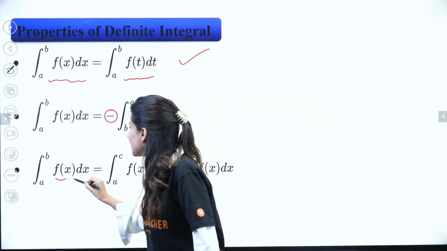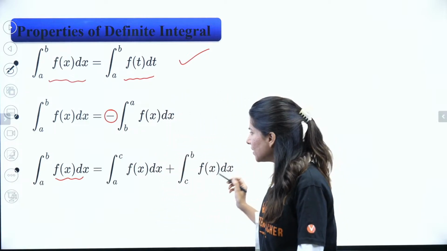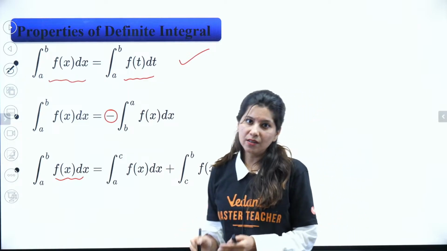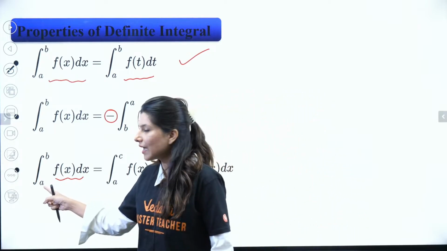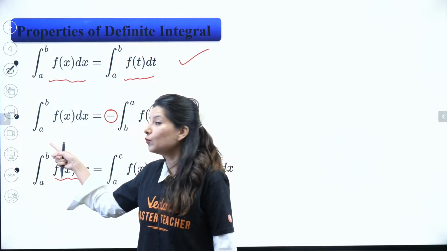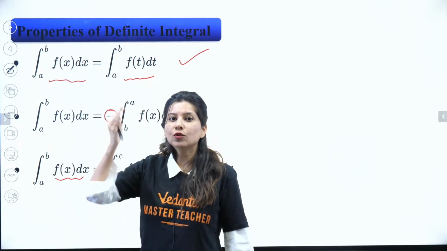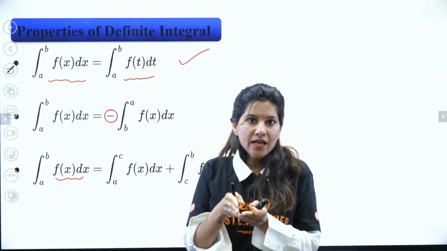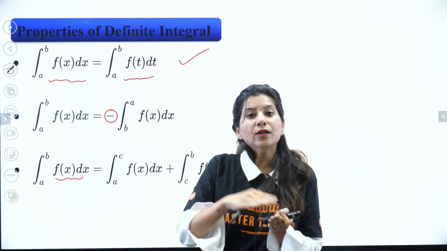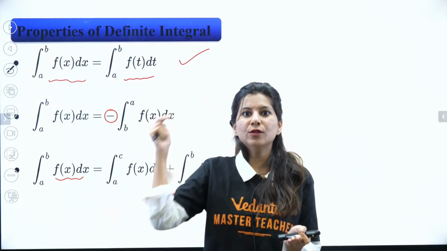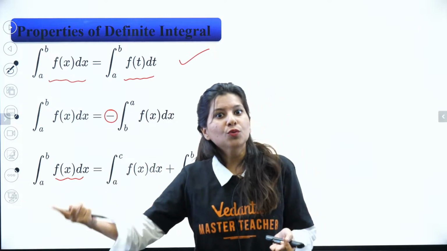Now a to b fx dx. Clearly we can see over here. Now this is where we break the limits. Can you see that here we are integrating our fx from a to b? But what if I want to break the limit in between a and b? So suppose 1, 2, 3 you are doing and I want to cut or break the limit at x equals to 2. So 1 to 2, 2 to 3.